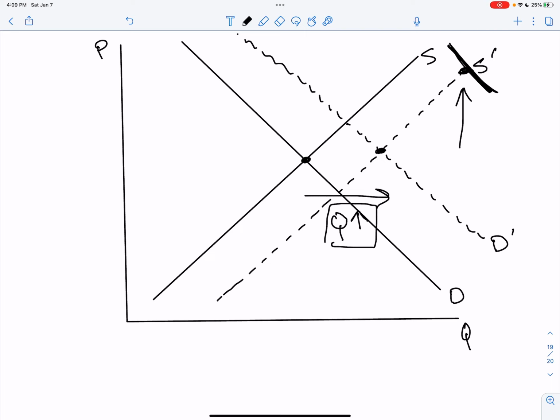Okay, but what if the demand curve had shifted, but by a very, very tiny amount, so only to here, let's say? Well, then we would have had a decrease in price. Okay, so in other words, the effect on price is ambiguous. Okay, so the effect on price, we just don't know, because it depends on how much the curves shift by.